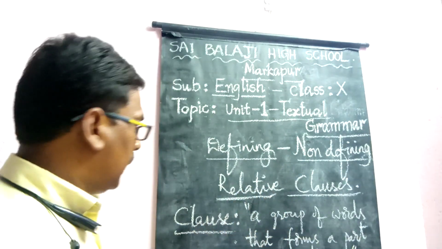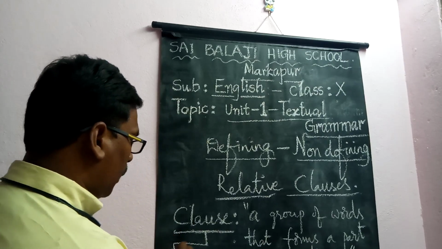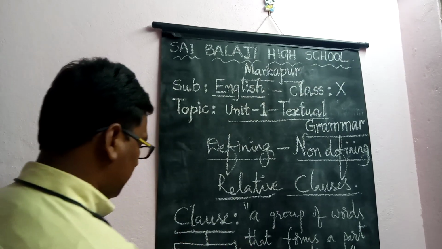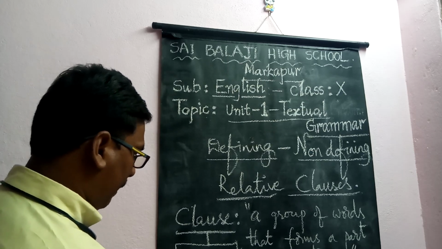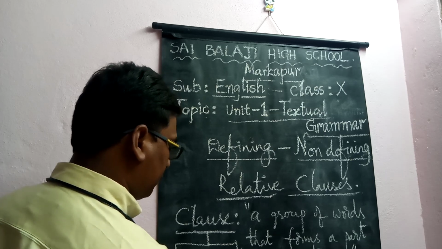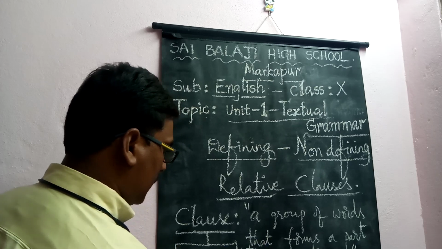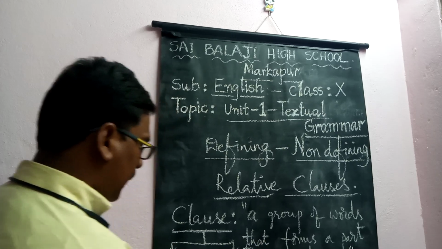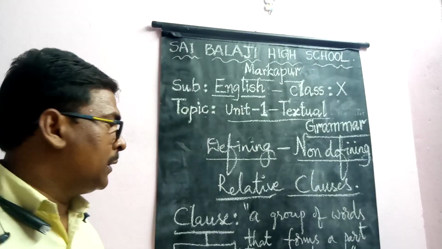That is called a clause. So clauses are again divided into two types, that is main clause and second one subordinate clause. This is the classification of the clauses, main clause and subordinate clause.